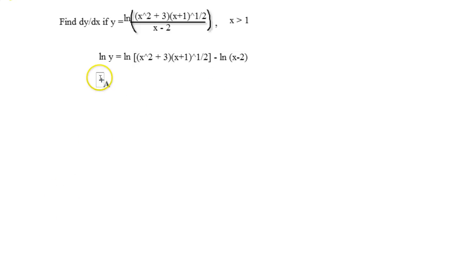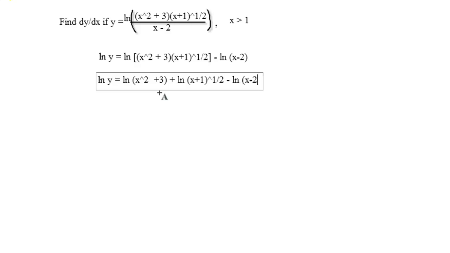Now if we start rewriting stuff, so this is natural log of y equals, now if you notice this is actually times, so guess what? That's the addition. So the natural log of x squared plus 3 plus the natural log of x plus 1 raised to the 1/2 power minus the natural log of x minus 2.